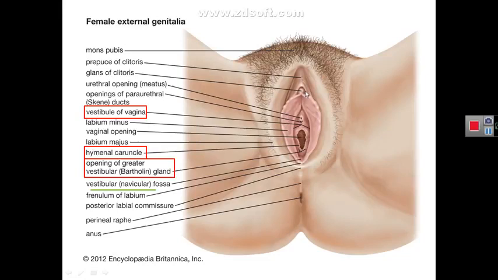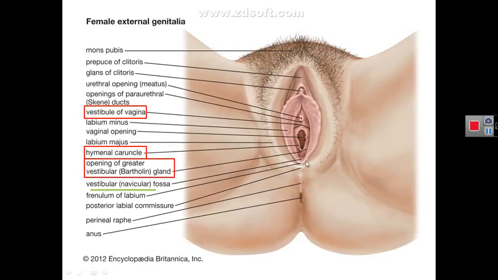These are the two layers of the labia minora, the anterior and posterior layer. The anterior layer on the right and left side unite here in front of the clitoris to form the prepuce of the clitoris, and the posterior layers unite here posterior to the clitoris to form the frenulum of the clitoris.